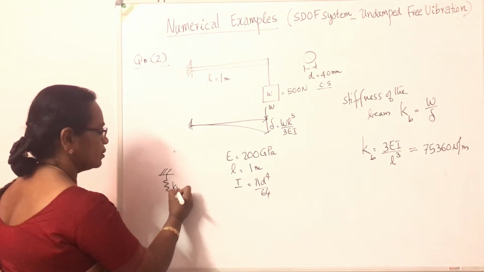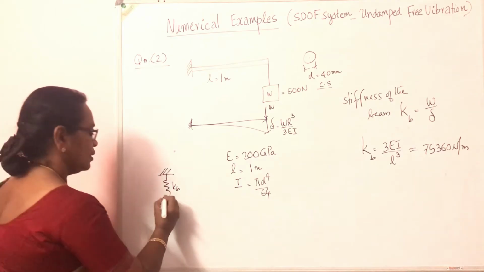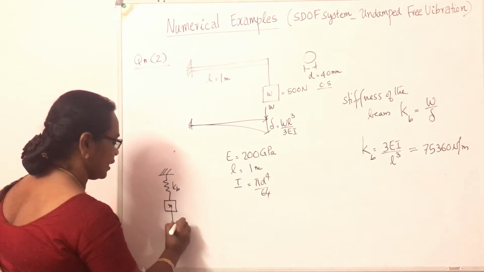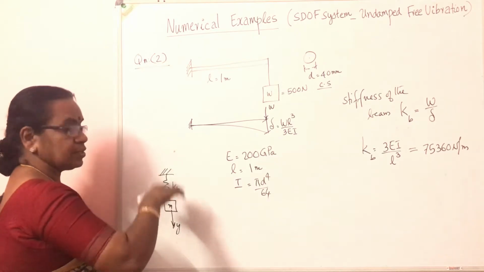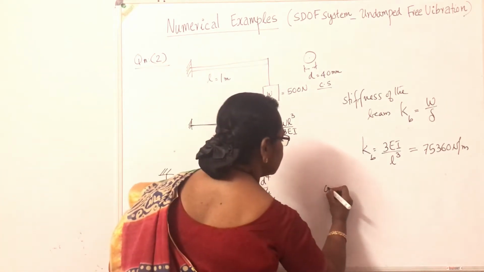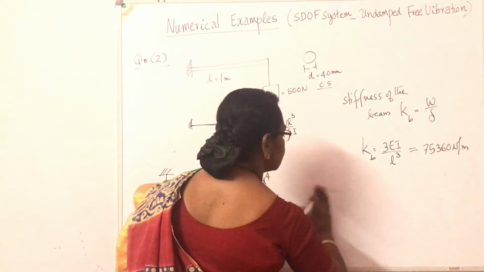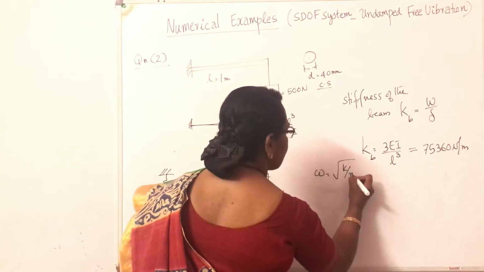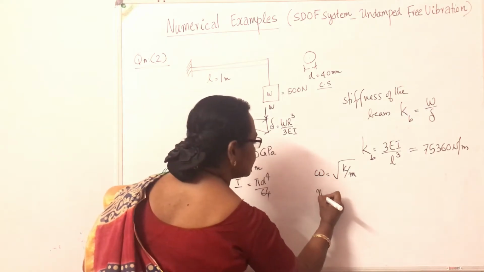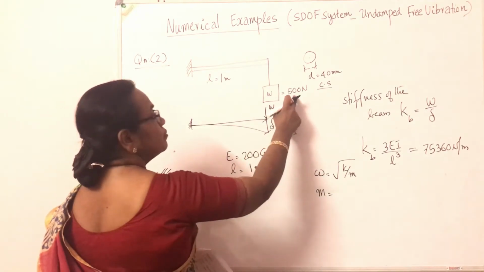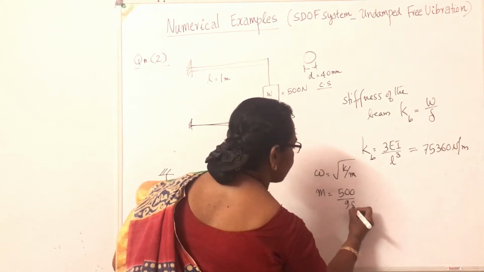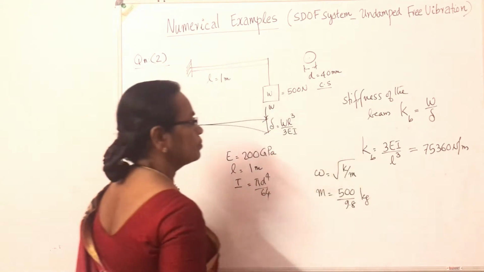Now this is equivalent to a spring mass system like this. This represents the stiffness of the beam and the mass is attached to it. It undergoes deflection like this, a vertical vibration. So omega is equal to root of K by M, where M is the weight 500 Newton divided by 9.8 kilogram.